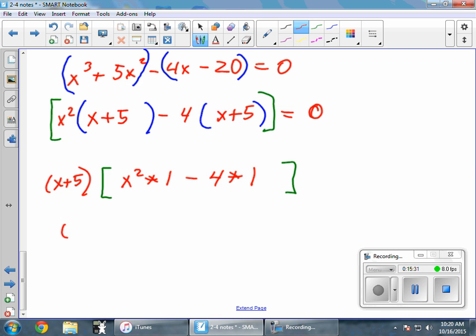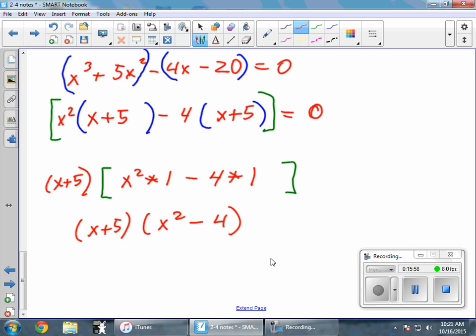So now I have x plus 5 times what? x squared minus 4. Okay, and that's exactly the same as this cubic up here because there's a squared and there's an x to the first.